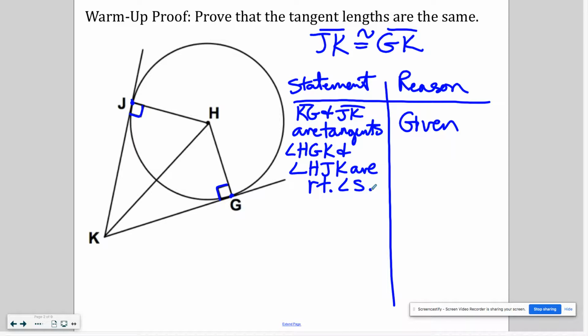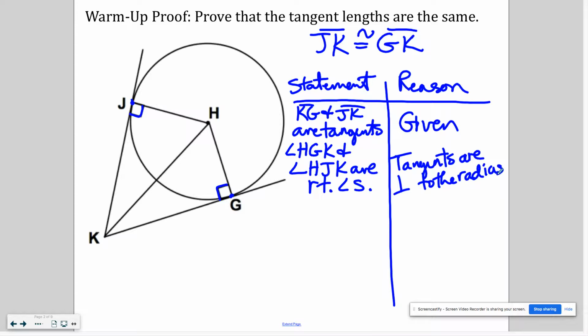It's another theorem kind of, but let's just say because they're tangents, tangents are perpendicular to the radius or radii. Okay, so that gives me a good place to start.